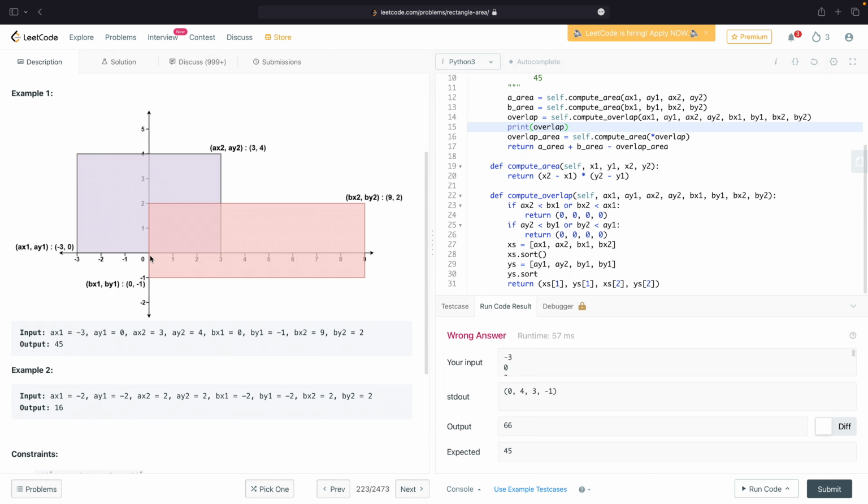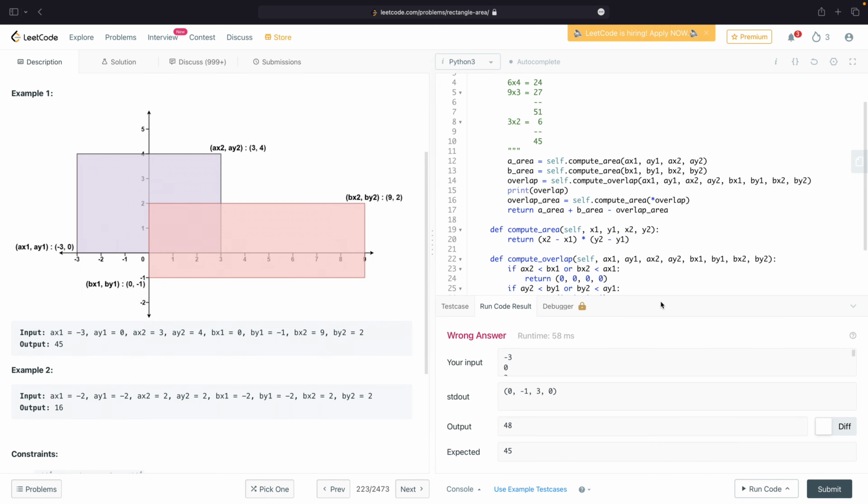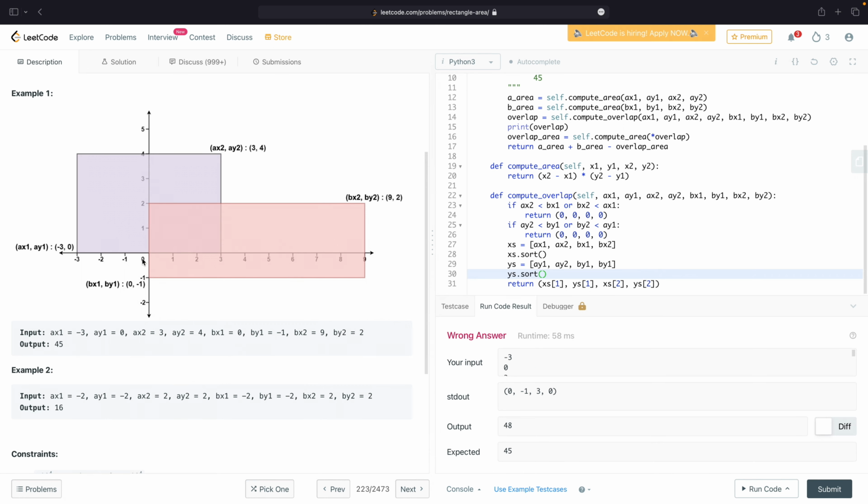I should have said from 0, 0. I think I was missing some parentheses there. Now I'm saying from 0, -1.